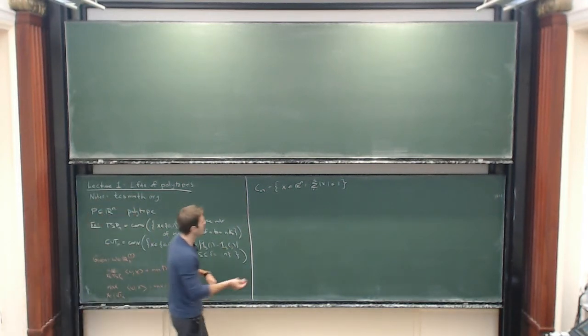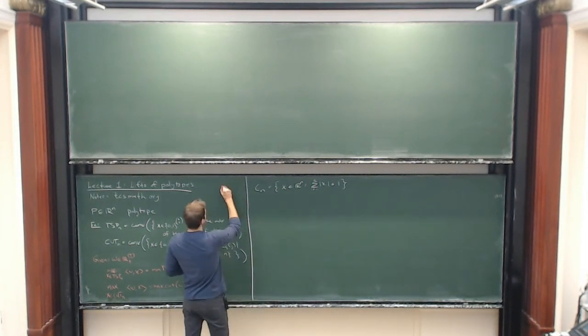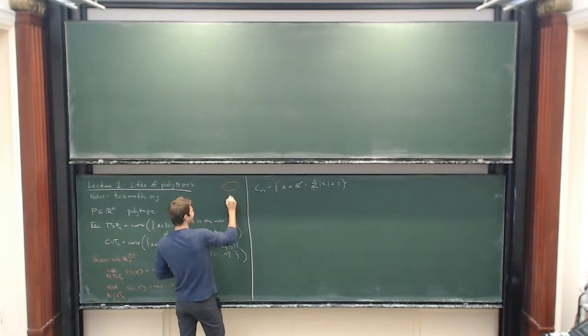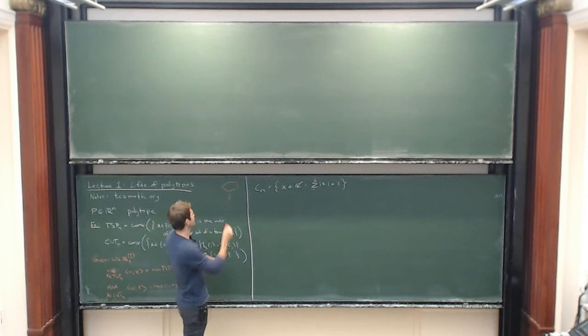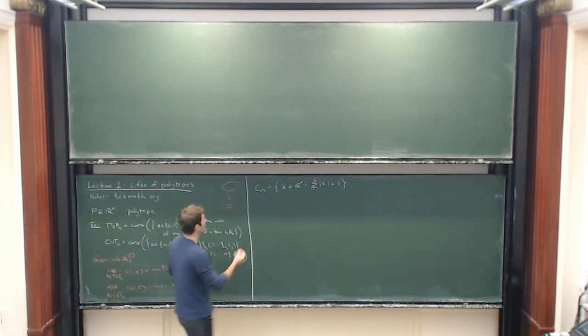There's a picture in the lecture notes. I'll draw a picture, but it's not going to be a mathematically accurate picture. But the claim is that this polytope is the shadow of a much simpler polytope.